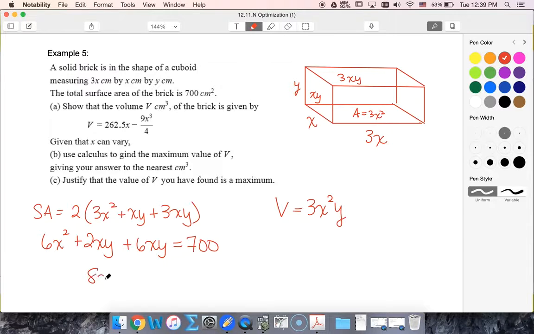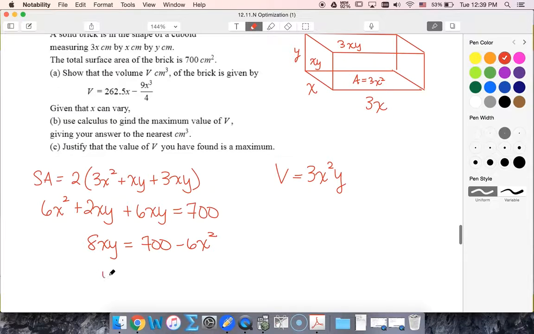So I have 8xy equals 700 minus 6x squared, moving that to the other side. I want y by itself, so I'll divide by 8x. So 700 over 8x minus 6x squared over 8x.